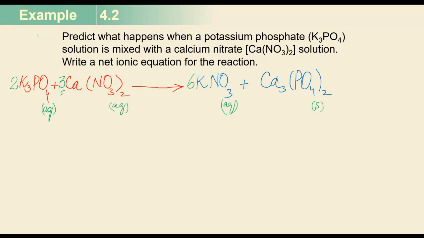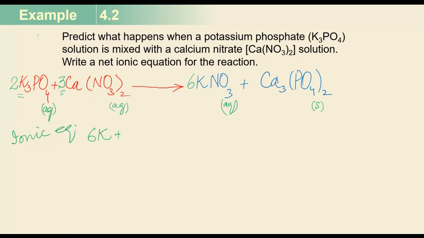Okay, students, the next part of this question is the ionic equation. What is an ionic equation? Boys, for writing the ionic equation, you will change all these aqueous compounds to ions. How many potassium here? First change into ions. 6K.